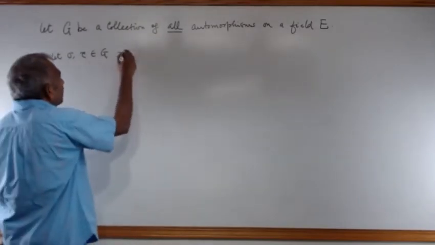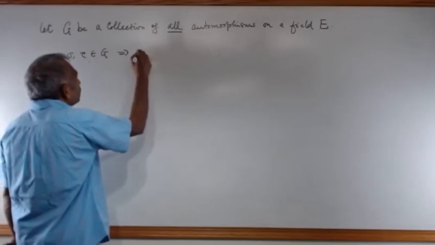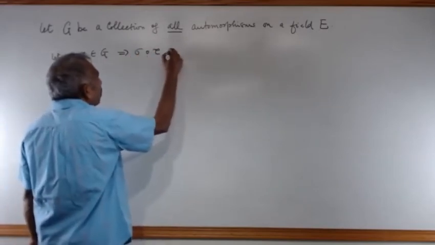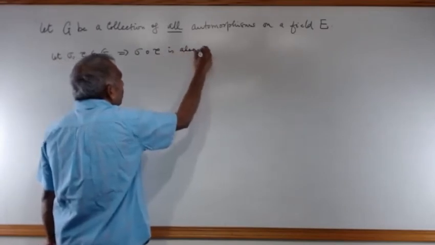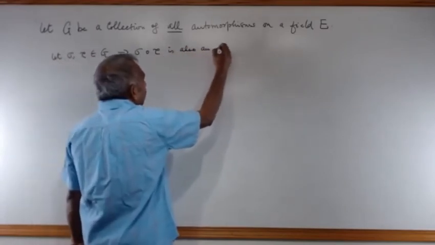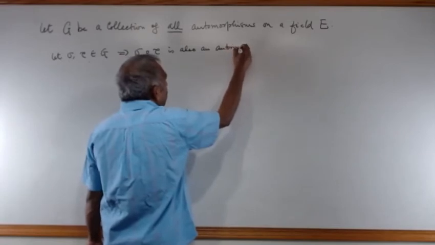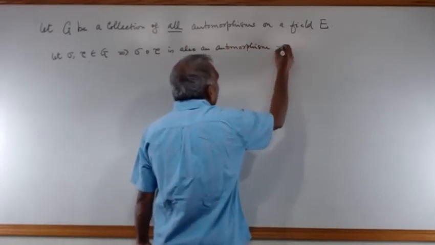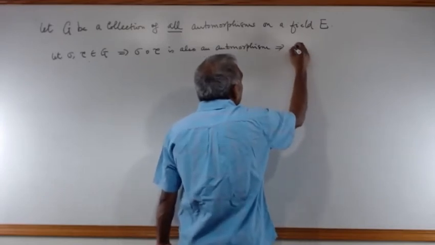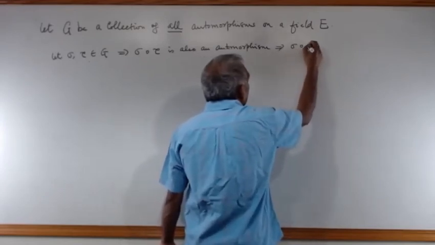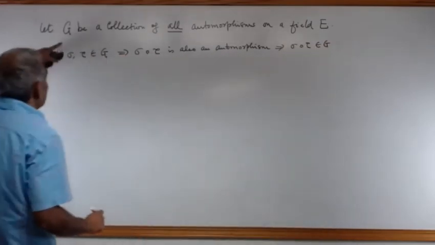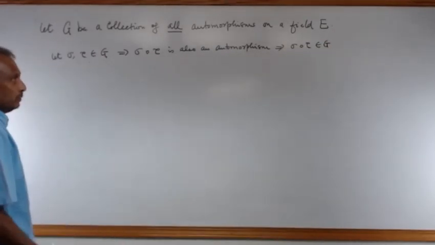So that implies sigma after tau is also an automorphism. That implies sigma after tau belongs to G, because G is the collection of all automorphisms.